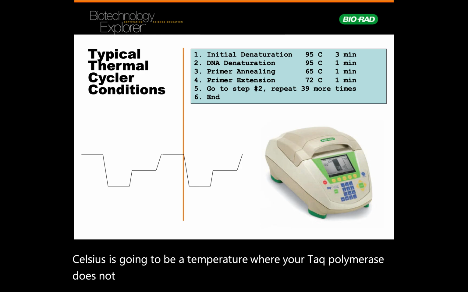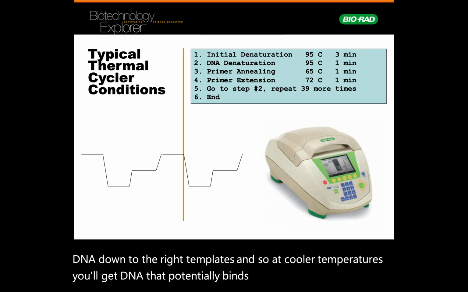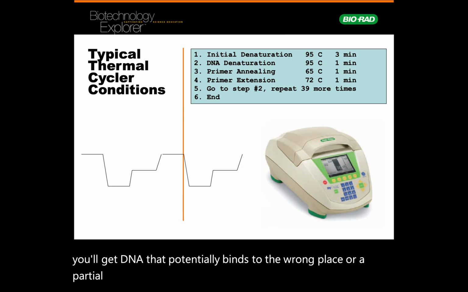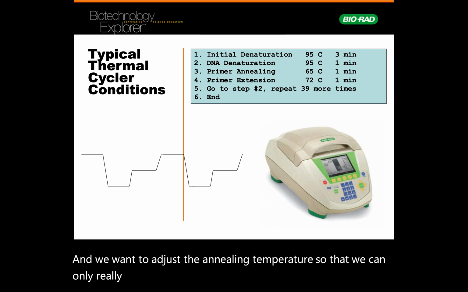And so you can just wait and carefully bind all the DNA down to the right templates. And so at cooler temperatures, you'll get DNA that potentially binds to the wrong place or a partial match. And we want to adjust the annealing temperature so that we can only really bind with perfect matching, perfect complementarity between the primer and the template.